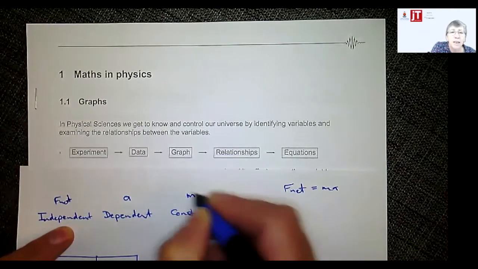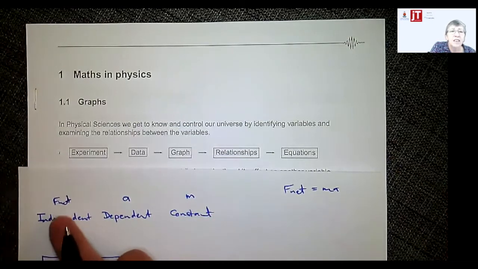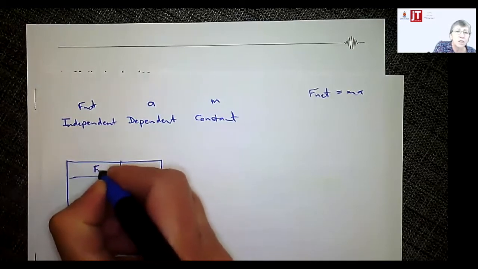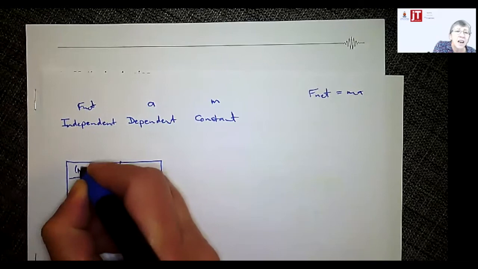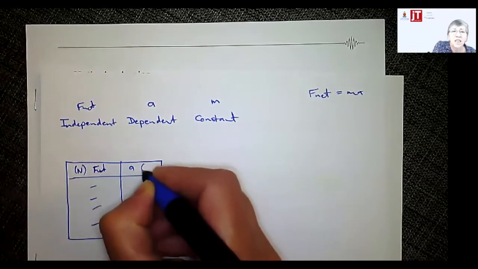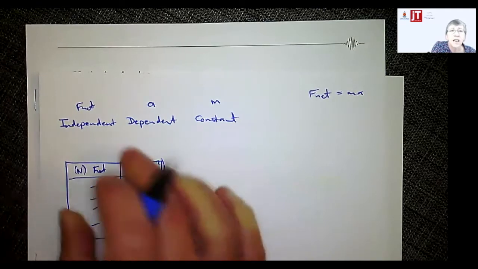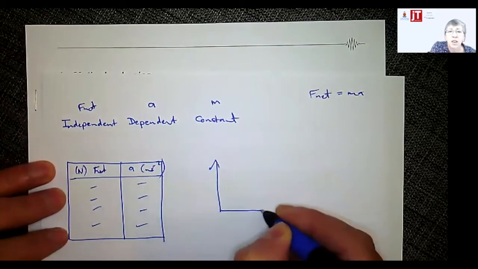And we kept the mass of the object constant. So then you applied different forces and measured the A. So you'll get different applied forces, in newtons, and that will give you different accelerations in meters per second squared, right? So the experiment gave you data, and from that data, we always plot a graph.